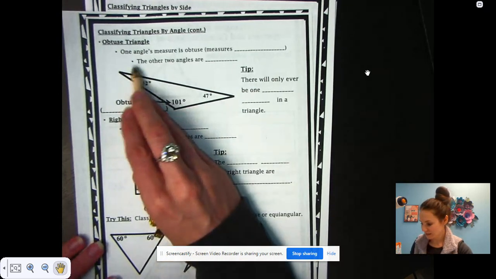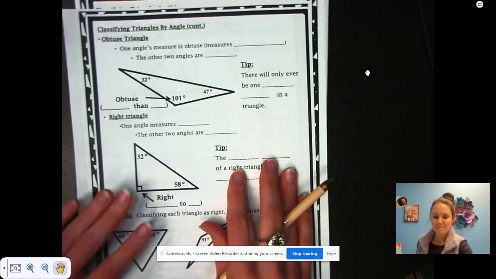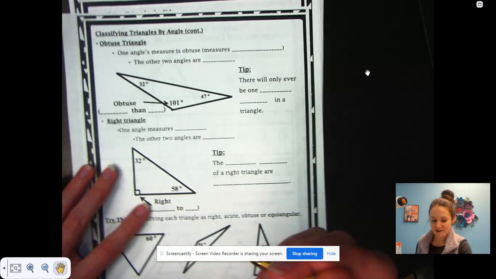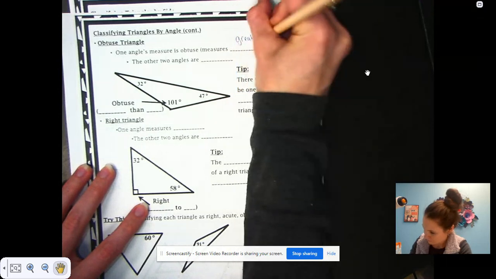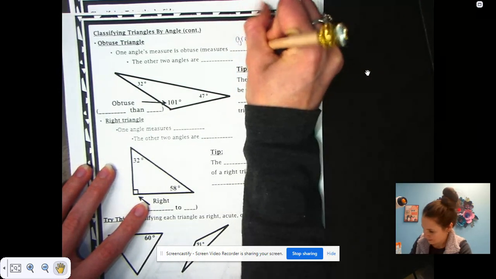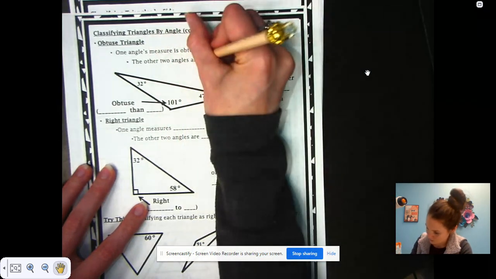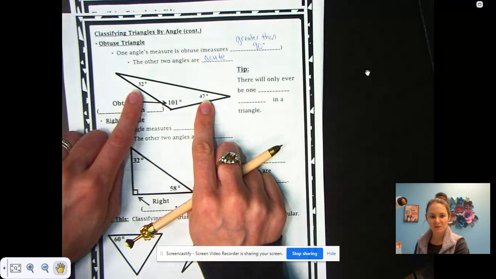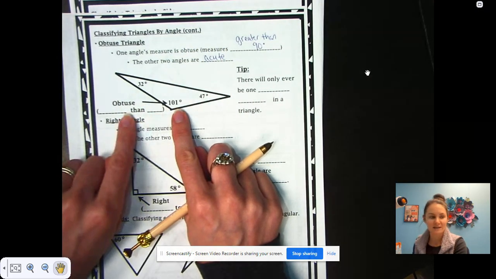On this one, the obtuse angle measures bigger or greater than 90. The other two angles are still going to be acute, so smaller. Here these are my two acute angles, and this one is bigger than 90, it's 101, and that is obtuse.